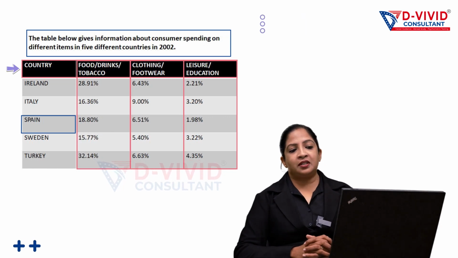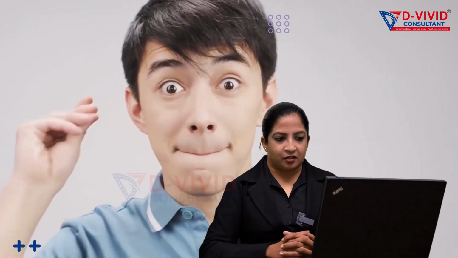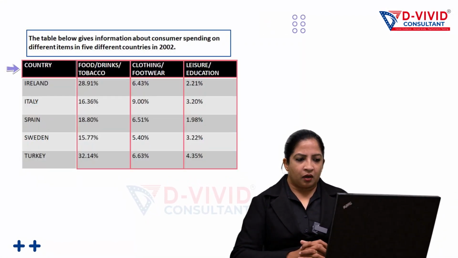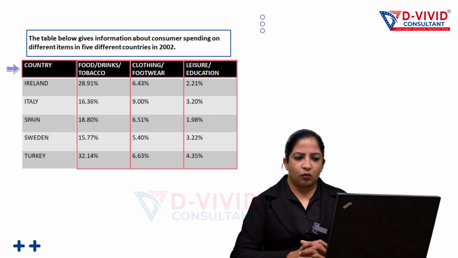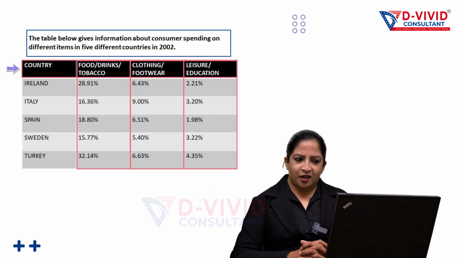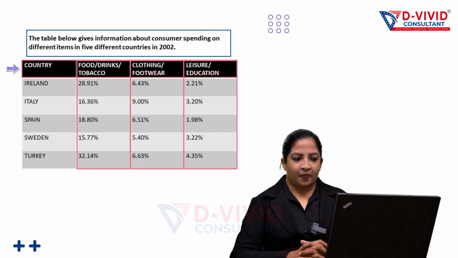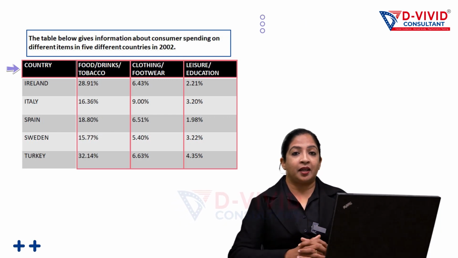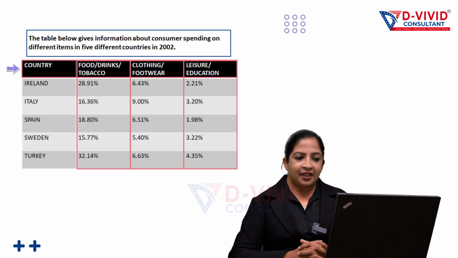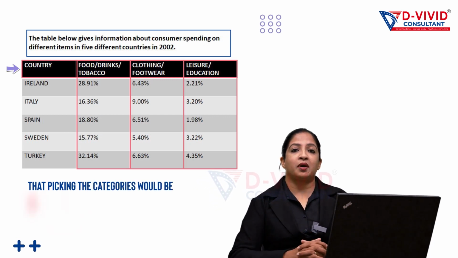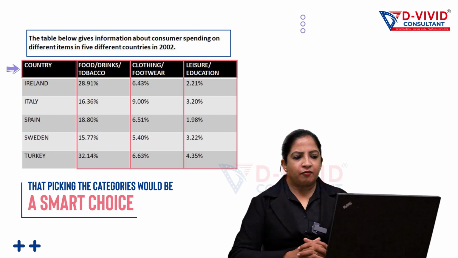So now comes the idea of division of the content. How should I divide the content? Should I go country to country or should I take the categories? If I see the categories, they are lengthier than the names of countries. So I think picking the categories would be a smart choice. Fine.